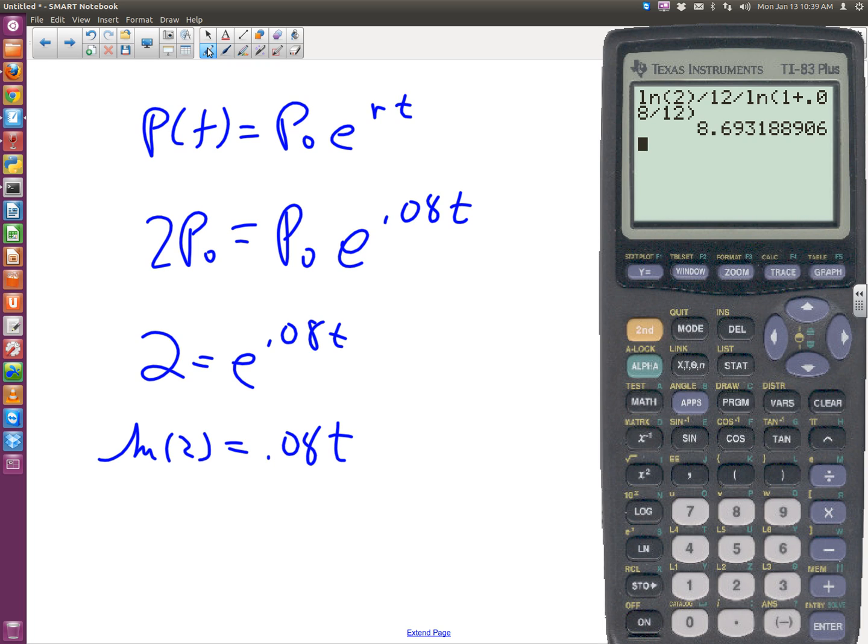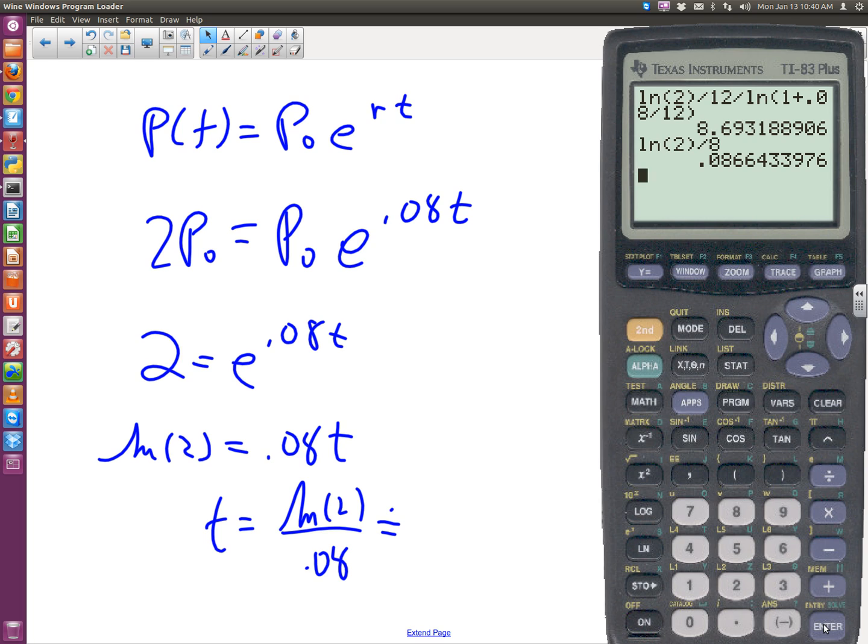How to get T alone? One more step. Divide. So T is the ln of 2 divided by 0.08, which is, let's see what it is. Ln of 2 divided by 0.08, did I do it right? Yeah, it's 8.664 years.